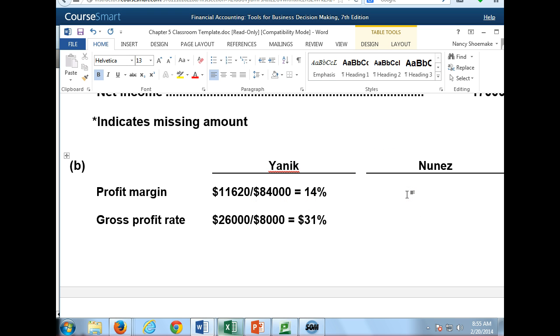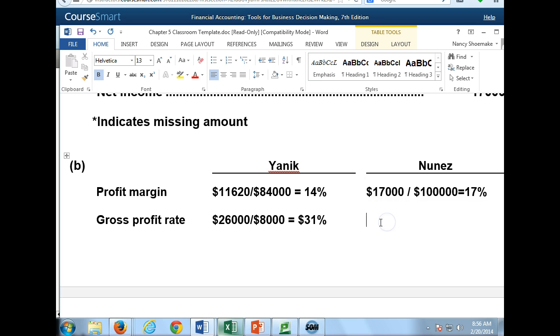Nunez. What is the net income? 17,000 divided by net sales of 100,000 equals profit margin. What do you think? 17%.